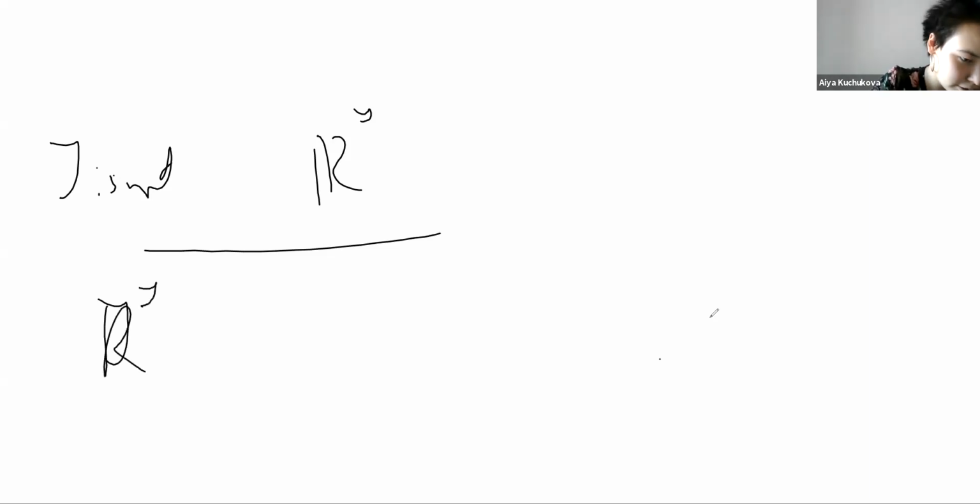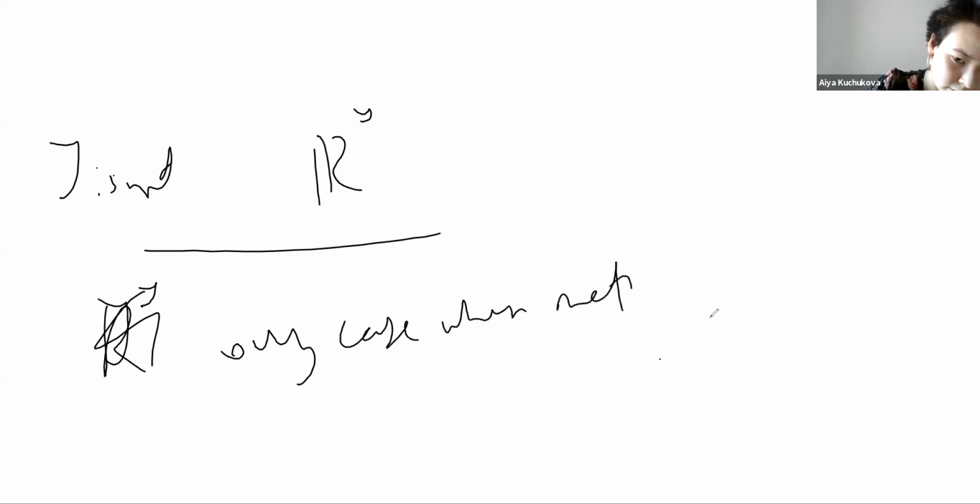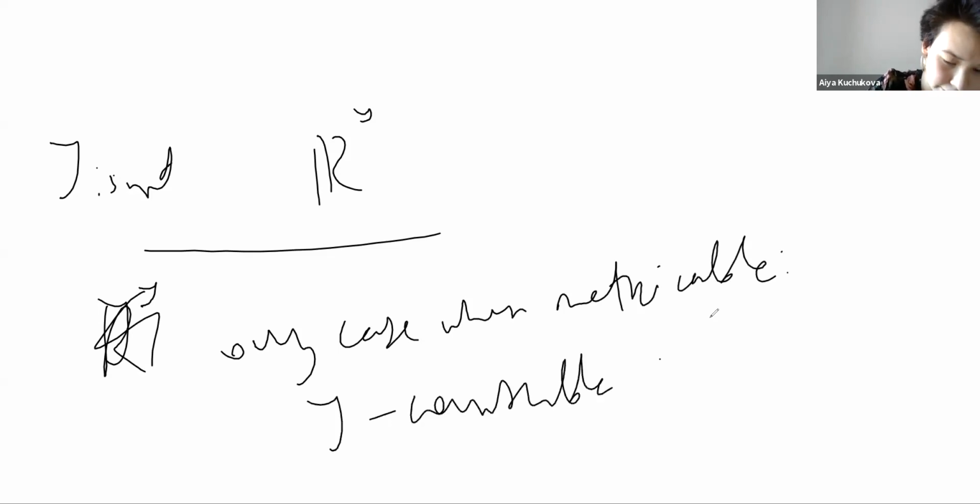And basically, the only case it turned out when R^J is metrizable is when J is countable and it's the product topology. So J can be infinite, it just has to be countable, plus the product topology.